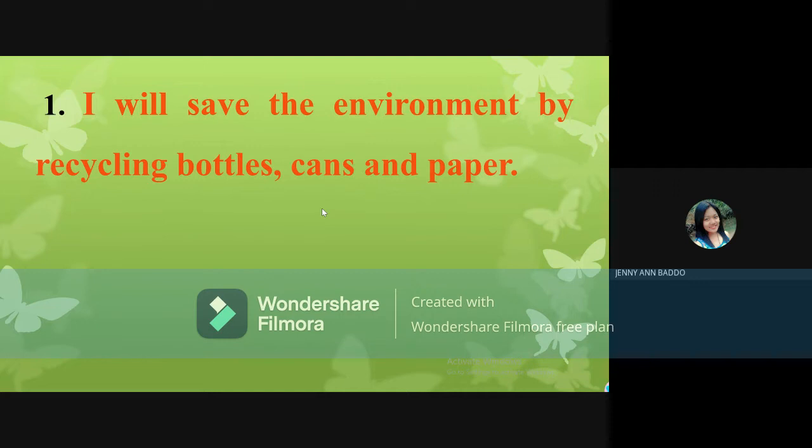Like this example number 1. If we're going to study it, which comes first or which one is the condition? And what is the effect of that condition? So in here, the hypothesis is recycling bottles, cans, and paper.